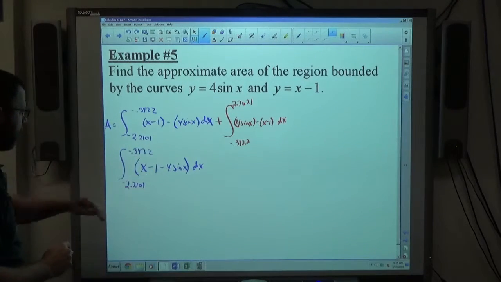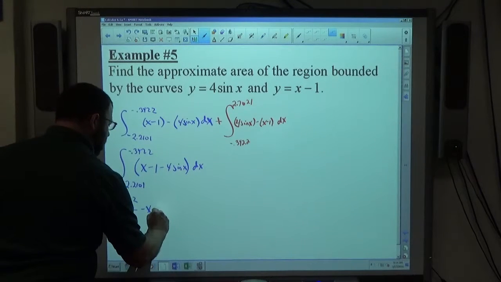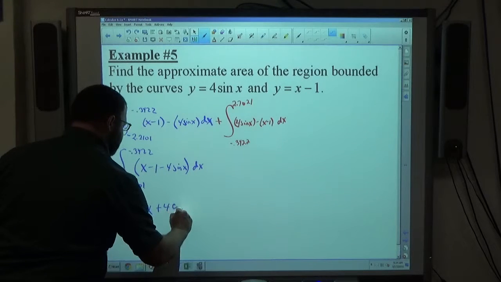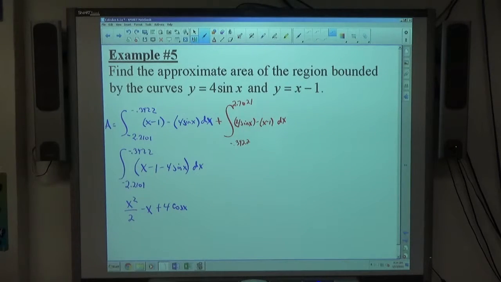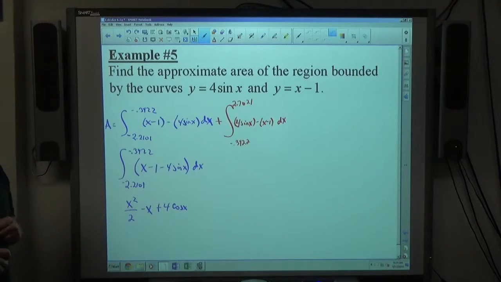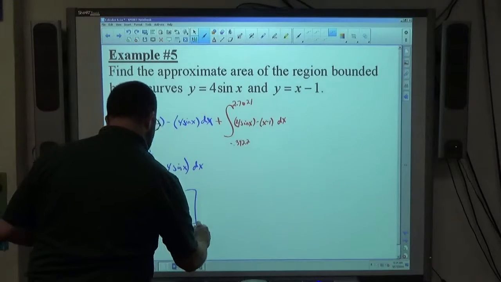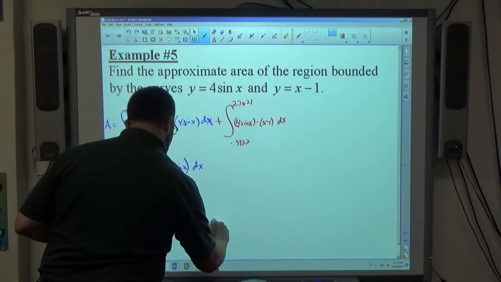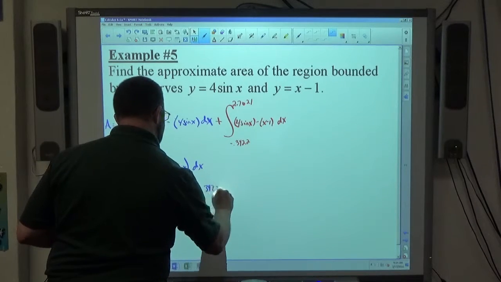If I work that one out, it's going to be x squared over 2 minus x plus 4 cosine of x. The antiderivative of sine is cosine, and cofunctions change the sign. And the 4 is just a constant multiple, so it doesn't affect the antiderivative at all. We're going from negative 2.2101 up to negative 0.3422.